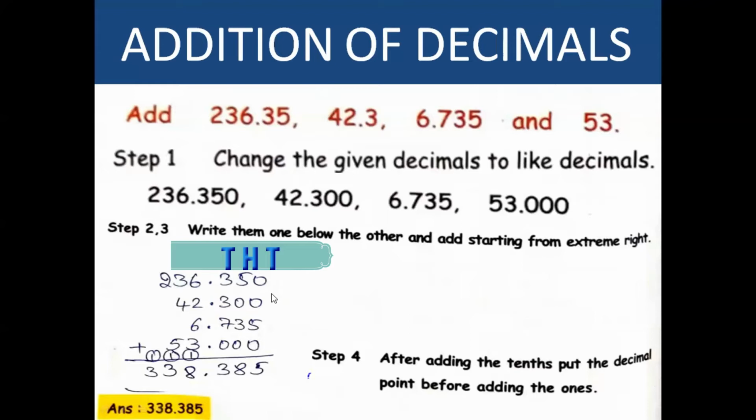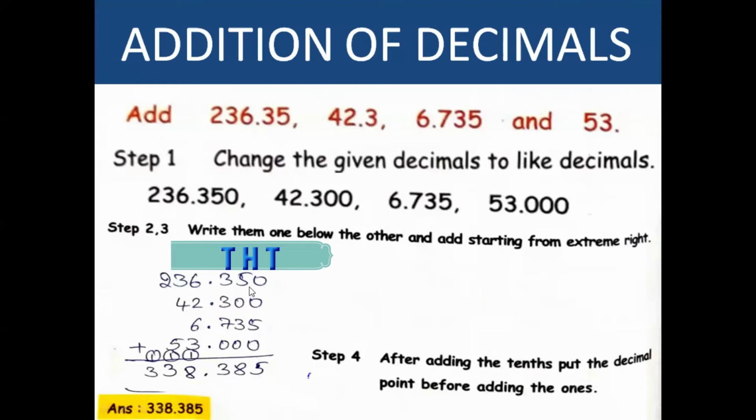Now see, 236.350, 42.300, 6.735, 53.000. Now we should add from right to left. In this, 0 plus 0 plus 5 plus 0 is 5. 5 in the thousandths place.